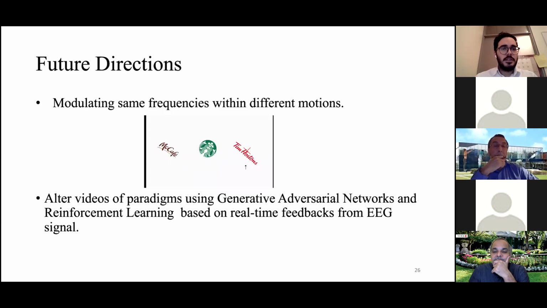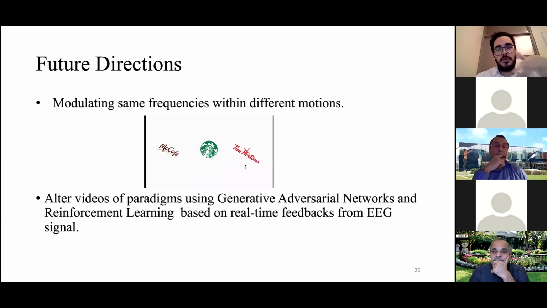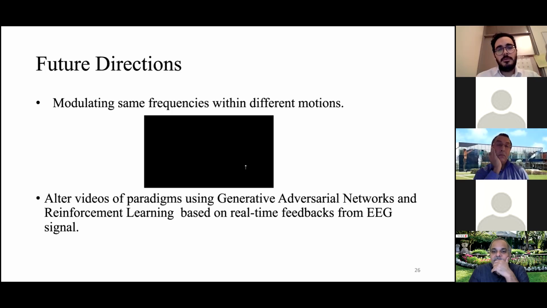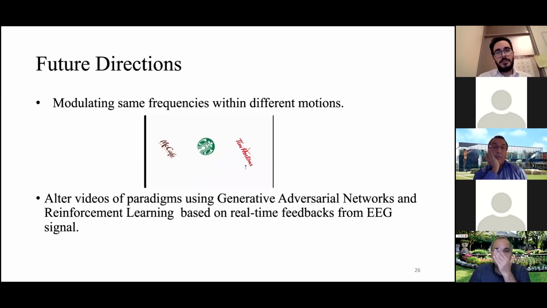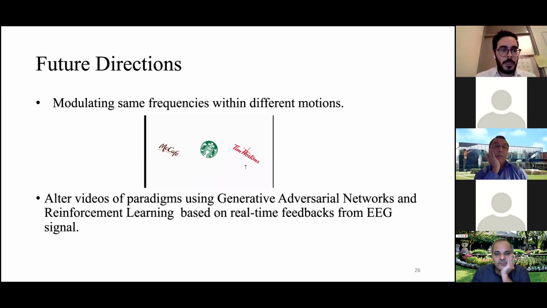Our future direction comes from another design. In this work, we use the logos of companies. However, here we use the same frequency across all the targets, and we want to understand how we can distinguish between the EEG signals collected from the subject when they're looking at these paradigms.